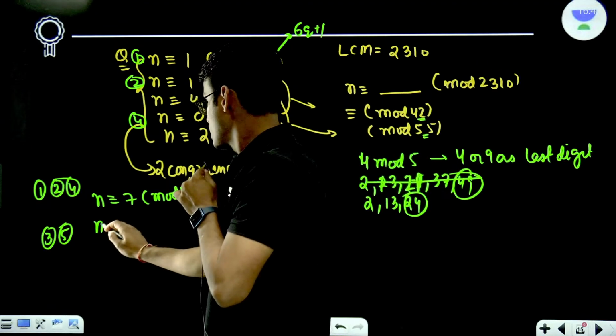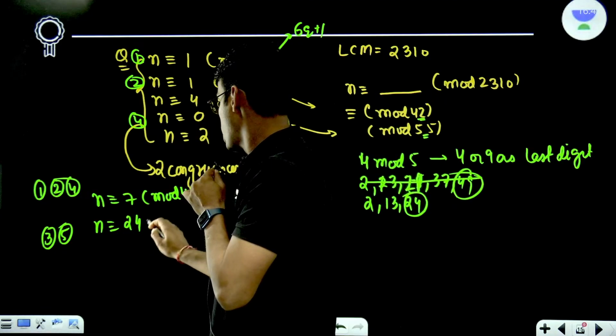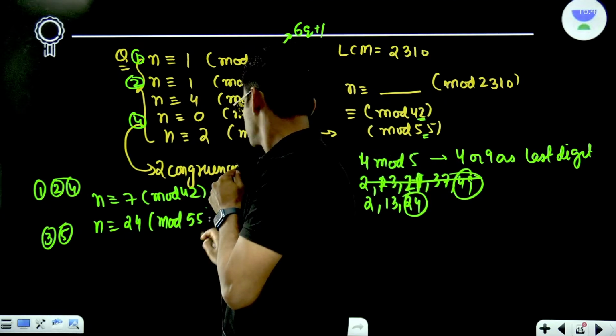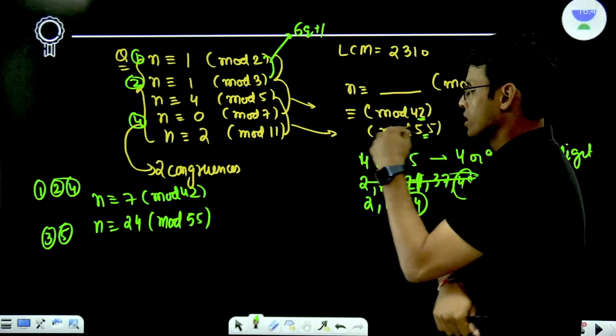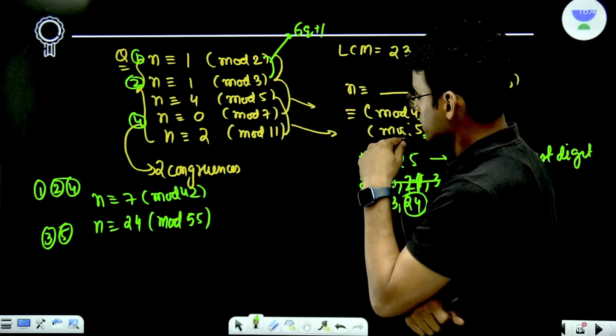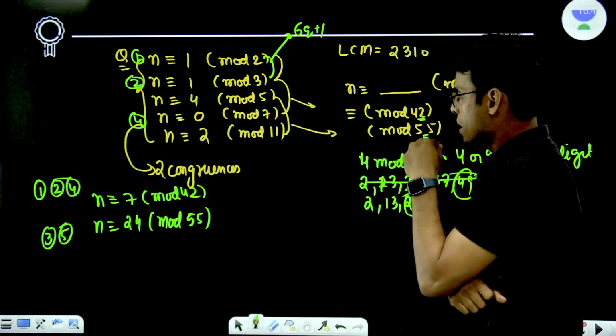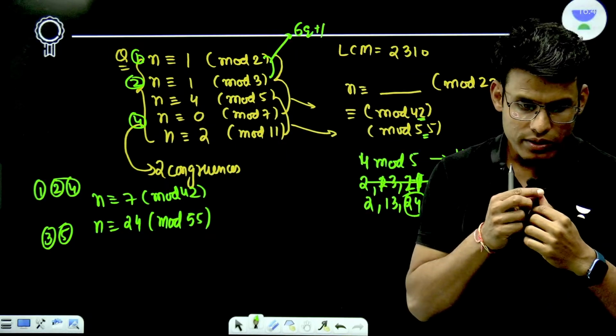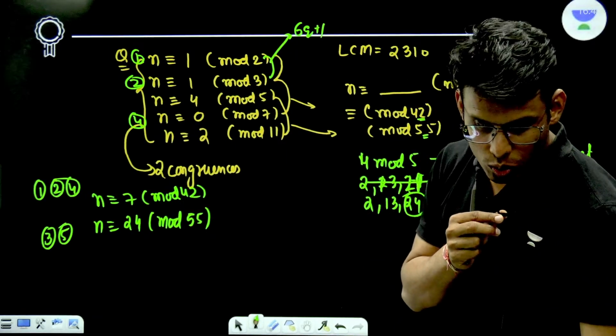This becomes 24 mod 55. Am I making sense here? Are these the two congruences?